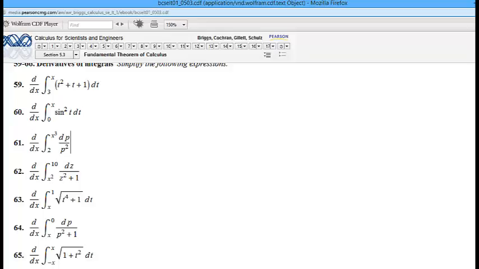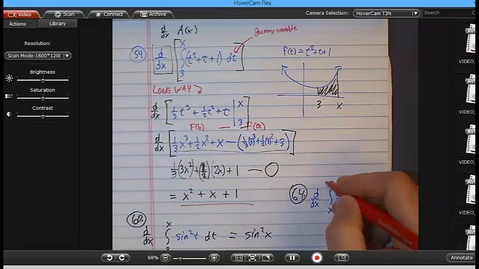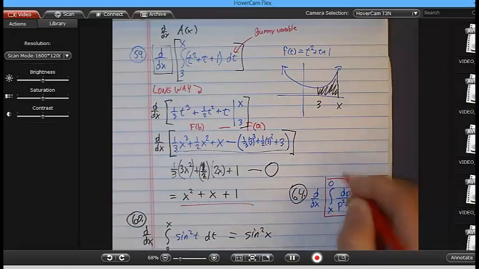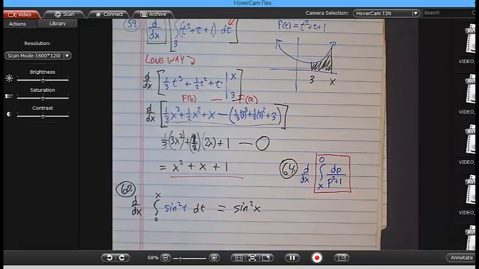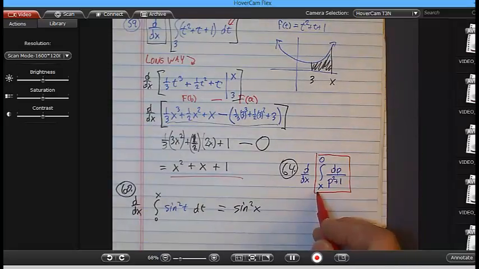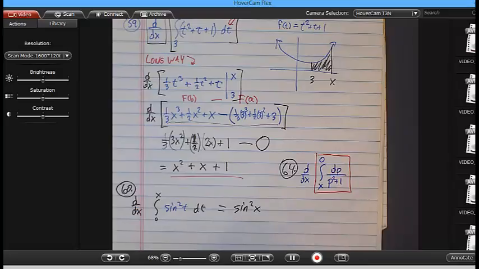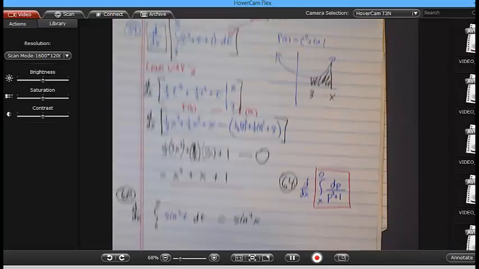Okay, so how does this work? Well, I guess I'm going to give you a little fact here that I hope makes sense, and we'll see if it does. So I'm trying to take the derivative of this area function, and if you think about it, that area function's a little different because the variable's on the bottom, right? And so I'm going to do a trick right away, see if you believe this or not.